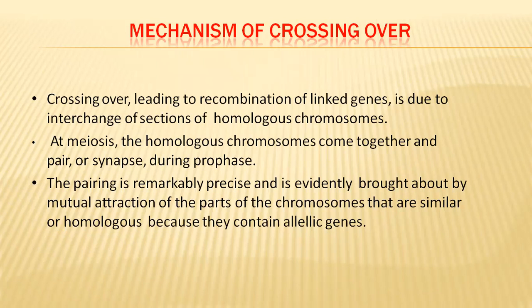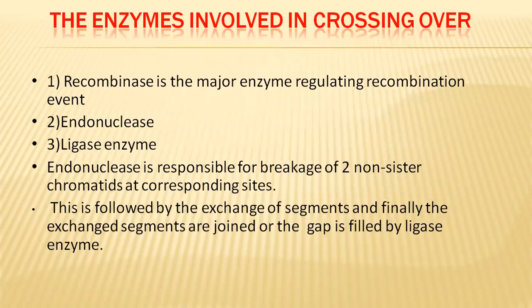So due to this, new features or new combinations can be seen in the offspring. In meiosis, homologous chromosomes come together and pair, and the pairing process is called synapsis. Later they exchange their chromosome parts, and later they separate. This is the mechanism that occurs in crossing over.